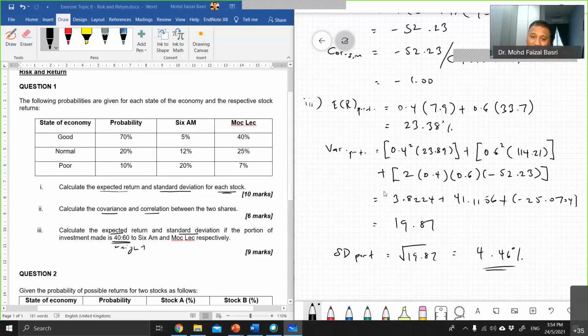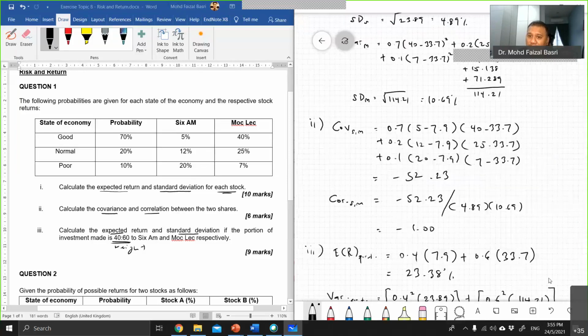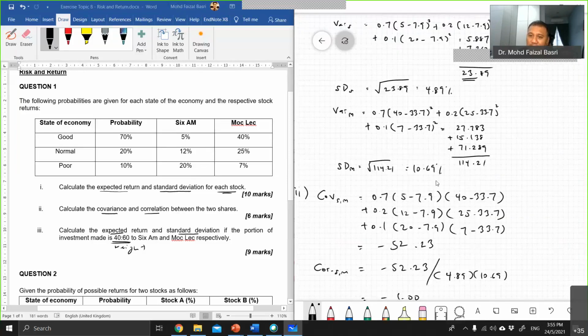Imagine if I have 100,000 and I put all my money in stock S. I'm going to have a very minimal return, which is just 7%. So I want to tap into stock M, which will give me higher returns, 33.7% expected returns. However, with a higher risk of 10.69, I might lose my money, especially if the economy is going down.